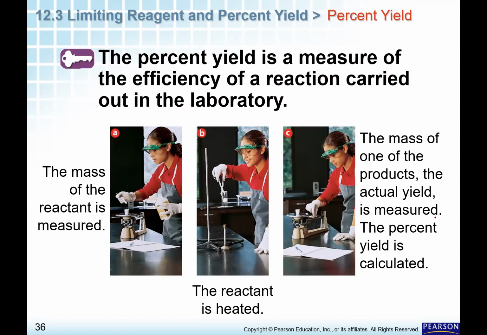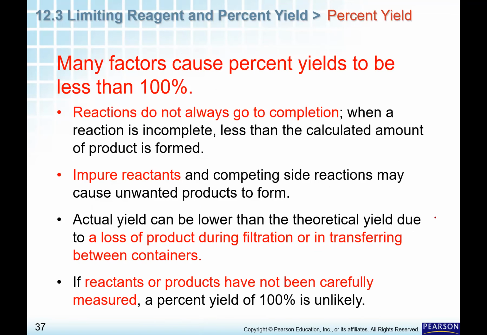When this girl here in front of you is running a chemical reaction or doing measurements and stuff like that, during the measurements there will be some loss. The question is the following: why is the actual in the lab always less than the theoretical, which is on paper? For several reasons. One of them is the reaction is not going to completion.